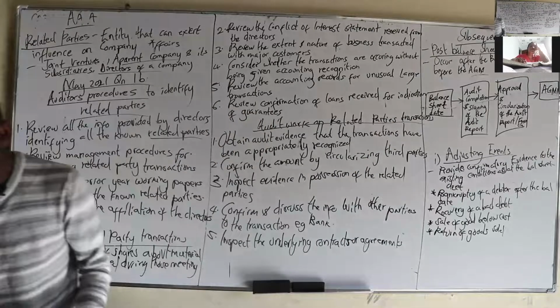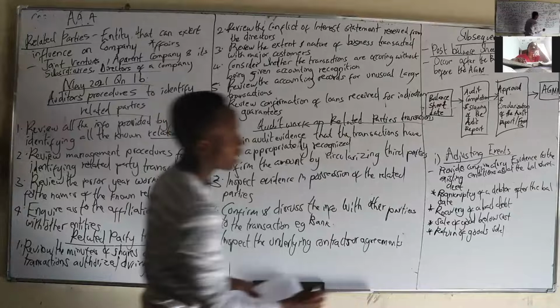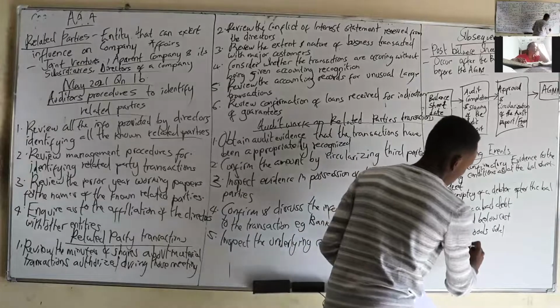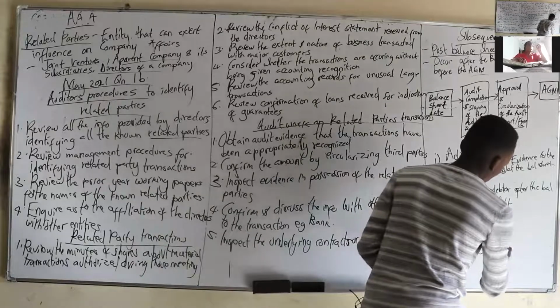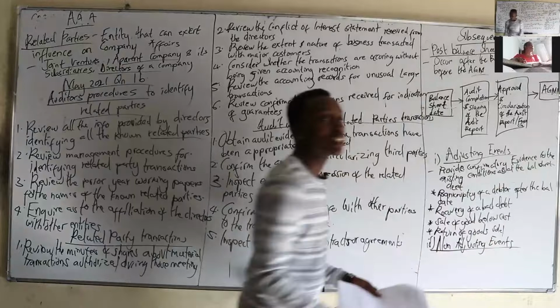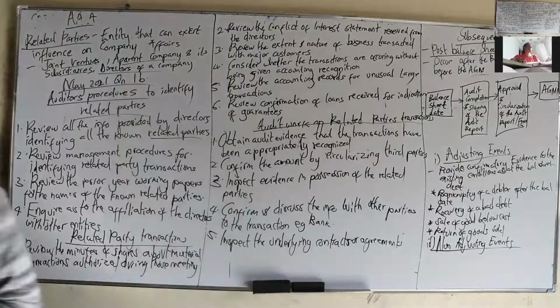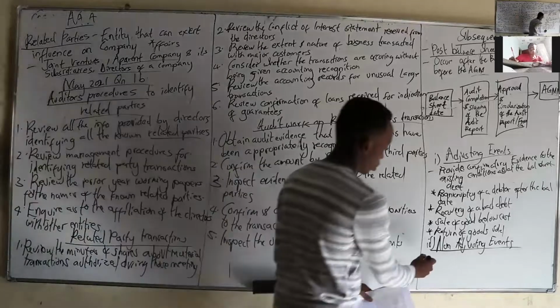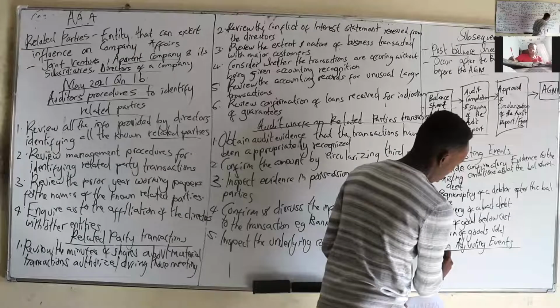Now, the other type of event that we have is what we call the non-adjusting events. These non-adjusting events, on the other hand, are events after the balance sheet date that do not concern conditions as at the balance sheet date.